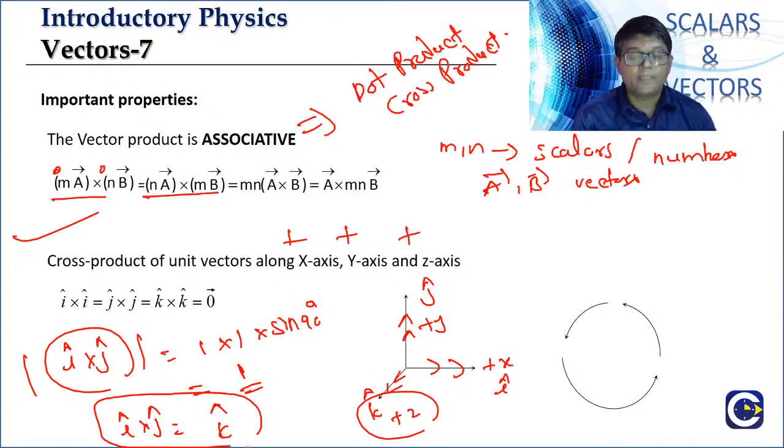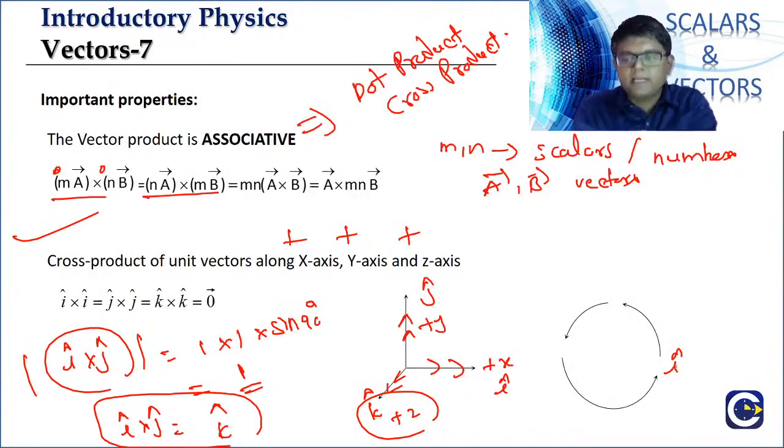So i cross j will be k cap. Now I'll tell you an easy way to remember, because we don't just have i cross j, we can be given i cross k, k cross i, j cross k, they can ask anything, right? We should be able to remember them. We can remember it easily by using what I call the anti-clock rule. It's a very simple thing. Think about an anti-clockwise circle.